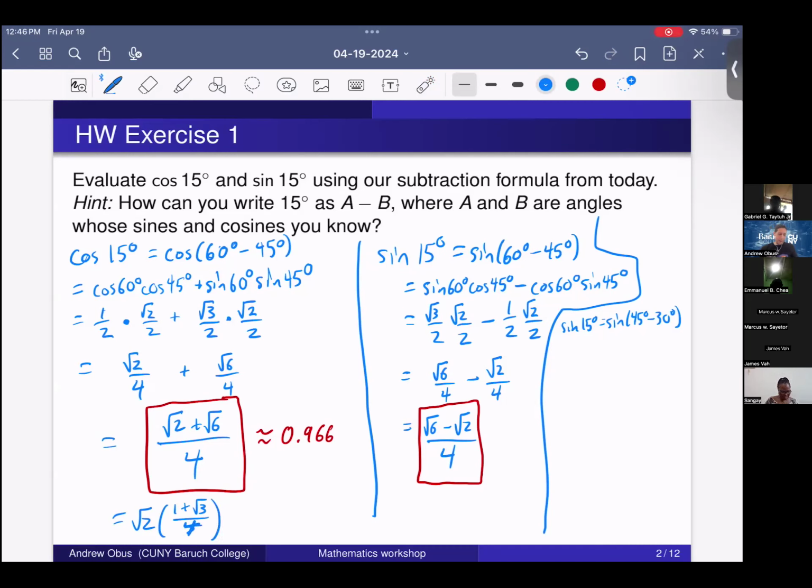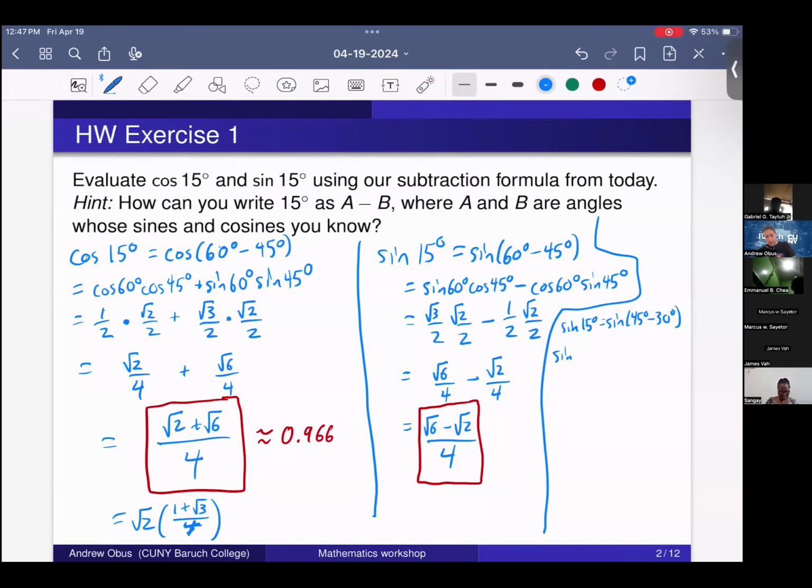Yeah, I mean, I think it's in the eye of the beholder whether this is simpler or whether this is simpler, right? You can write it in either form, but I wouldn't say that one is simpler than the other. So this is completely fine. Okay, maybe that's what he's saying. Okay. So what happens if we do this? Sine 45 minus sine of 30. Well, we use the same formulas.